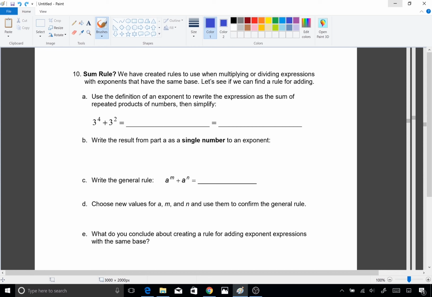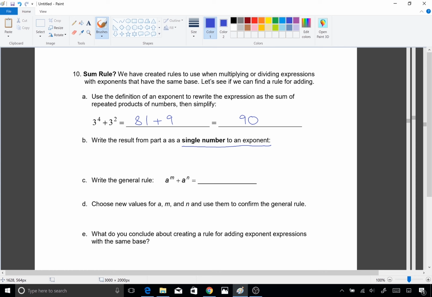Is there a sum rule? 3 to the fourth is 81, plus 3 squared is 9. That would give us 90. How can we make 90 into a single number to an exponent?